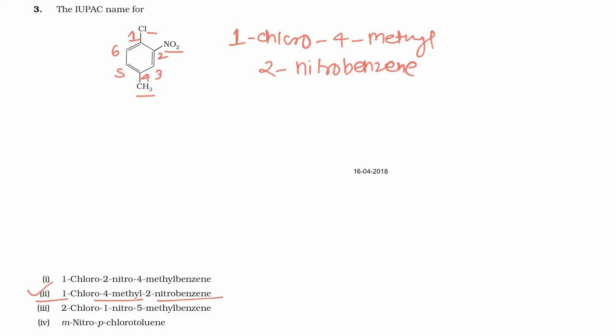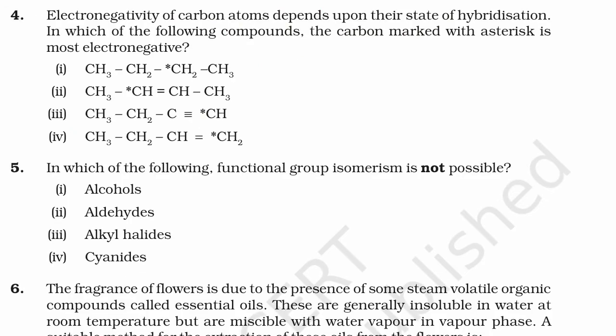2-nitro benzene. Electronegativity of a carbon atom depends on its state of hybridization. In which of the following compounds is the carbon marked with an asterisk most electronegative? Now electronegativity of carbon increases with increasing percentage of s character. As s character increases, electronegativity also increases.